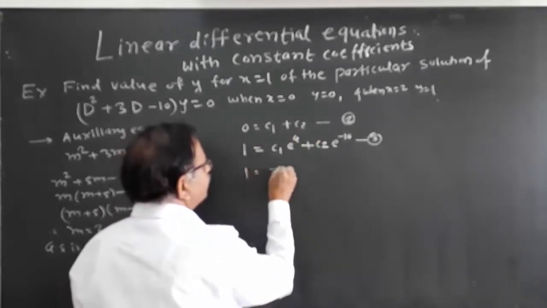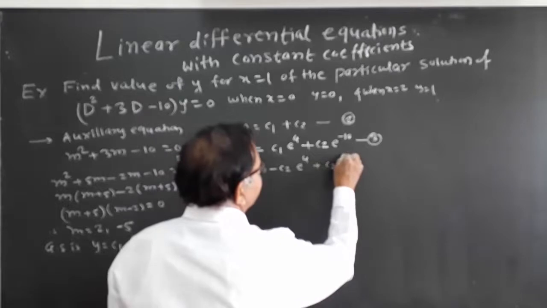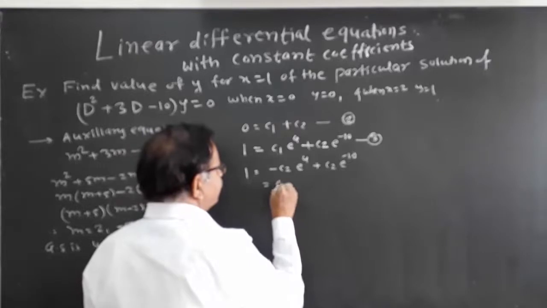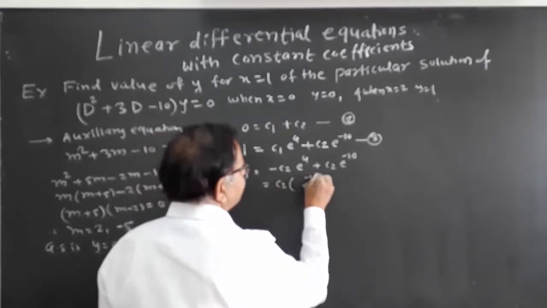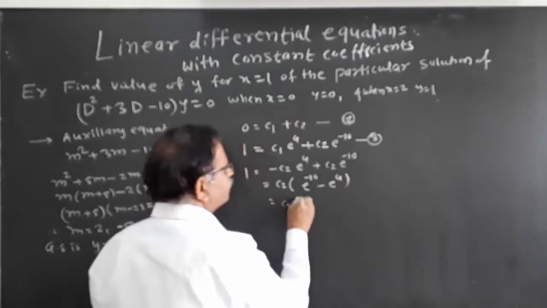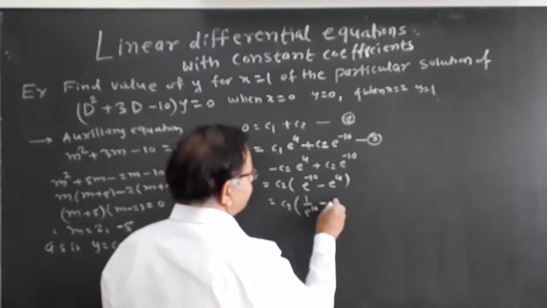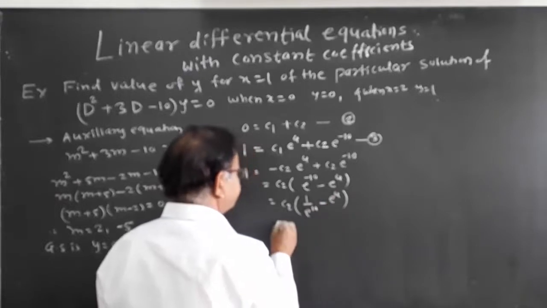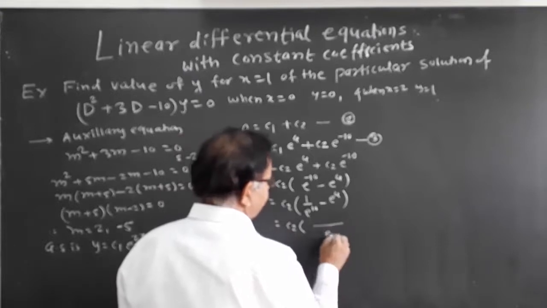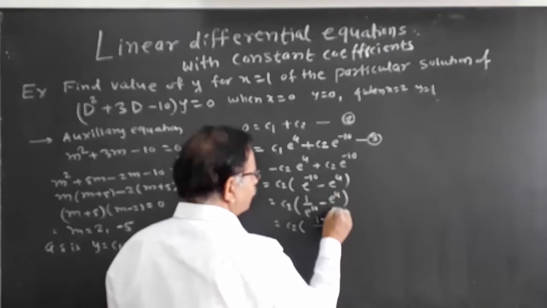Therefore 1 equal to minus c2 e raised to 4 plus c2 e raised to minus 10, equal to, I can take c2 common, e raised to minus 10 minus e raised to 4, equal to c2 into 1 by e raised to 10 minus e raised to 4, that is c2 into e raised to 10 is in denominator, 1 minus e raised to 10 into e raised to 4 is e raised to 14.